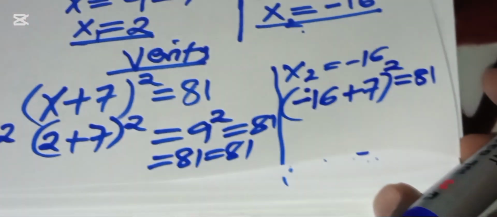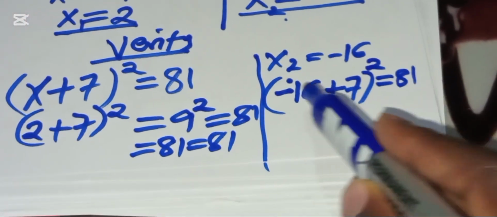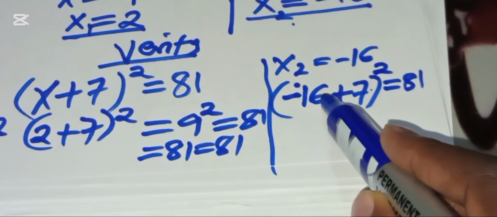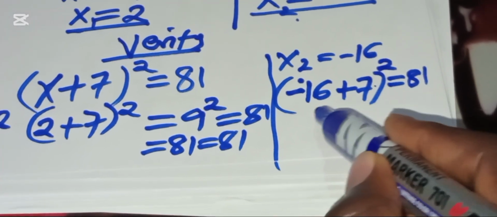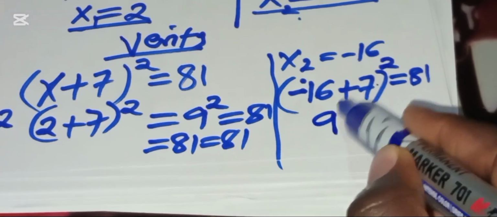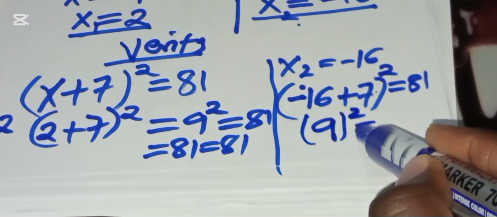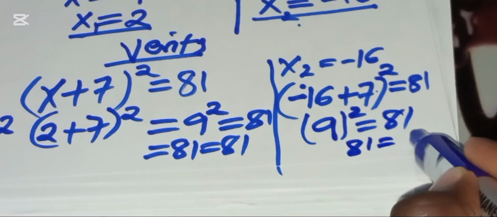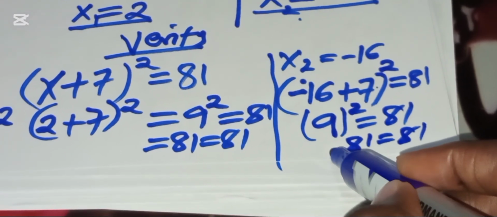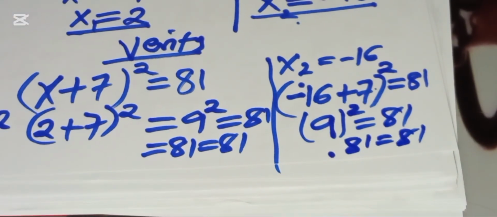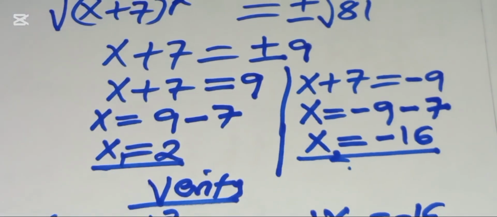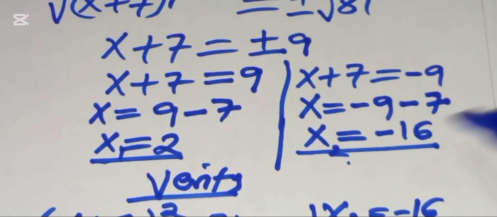Now −16 plus 7 is equal to −9, and if you get (−9)², this is equal to 81. That means 81 is equal to 81. The left hand side is equal to the right hand side, and that shows that the values of x1 and x2 are equal to 2 and −16.